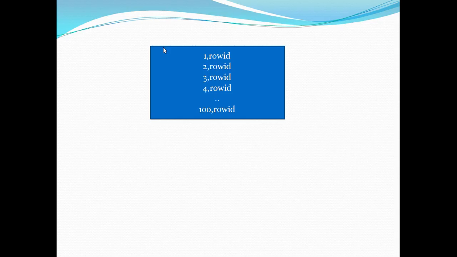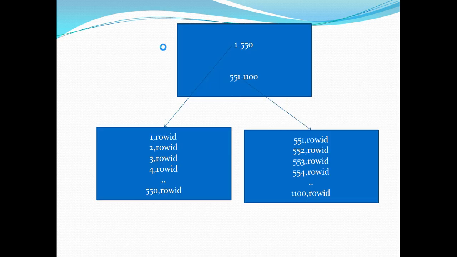Previously we just had 100 rows and they were stored in a single leaf block. We didn't have any branch blocks. But now that we have inserted 1000 more rows, we have 2 leaf blocks and 1 branch block, and this is how it's going to look. My branch block does not have the physical row ID where the data is being stored on the table. It just has a pointer to the leaf blocks where the data is being stored.